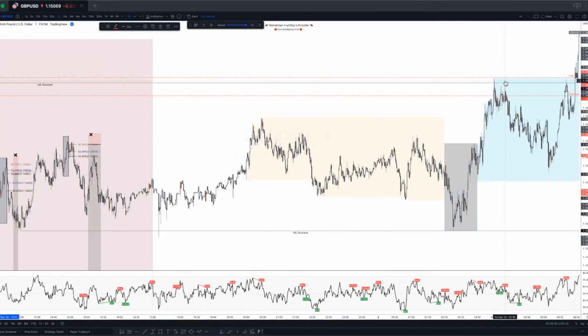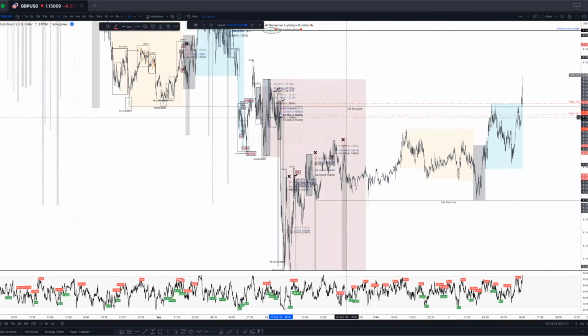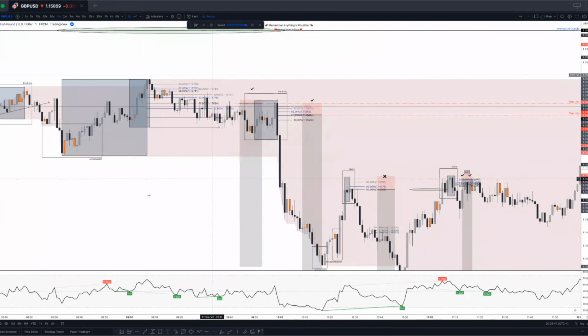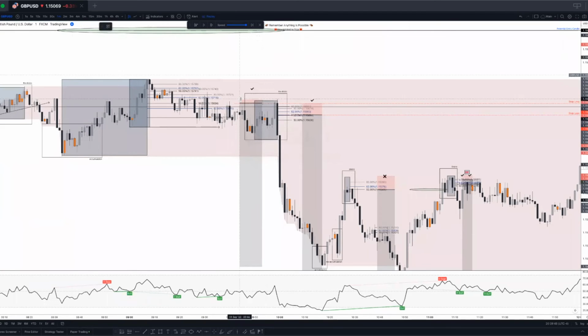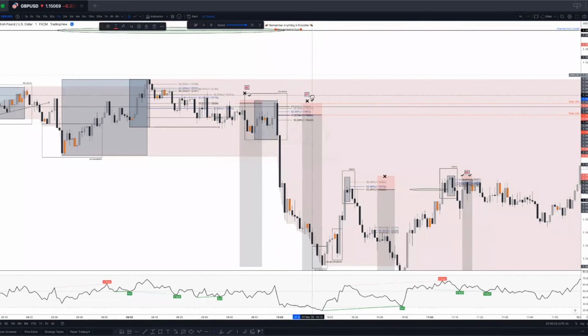Price has no reason to come back. Yeah, definitely price had no reason to come back. So I got taken out on both of these trades. All right, taking out on this one. And I got taken out on this one. Both of these, BE.